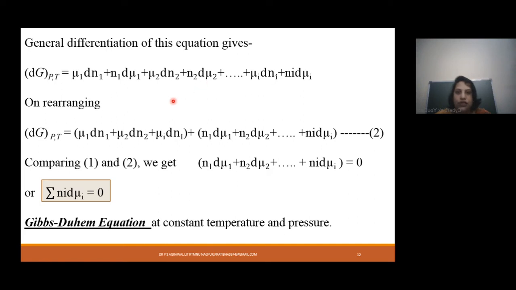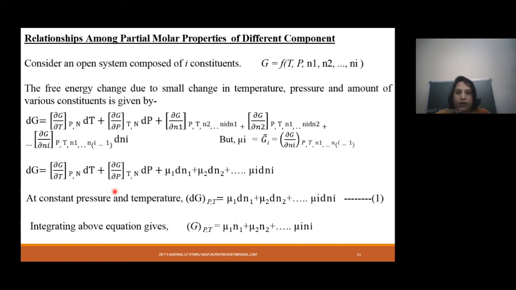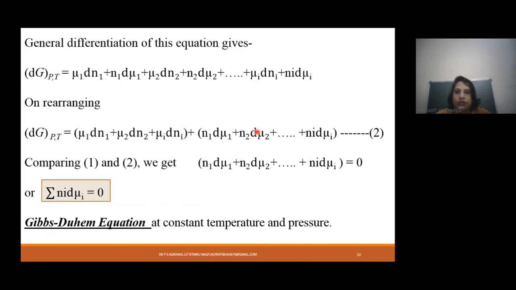When we rearrange these two equations and combine the terms of dni and dμi, and when we compare it with the previous dG expression, we will see that this is dG, this is also dG. That means dG is equal to dG plus something. So that means this something should vanish.